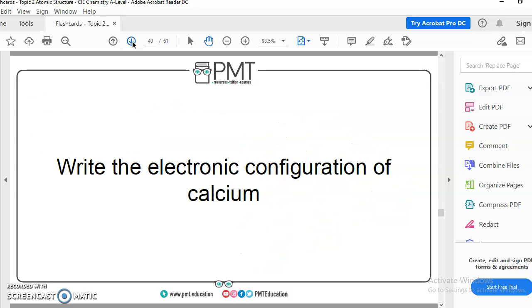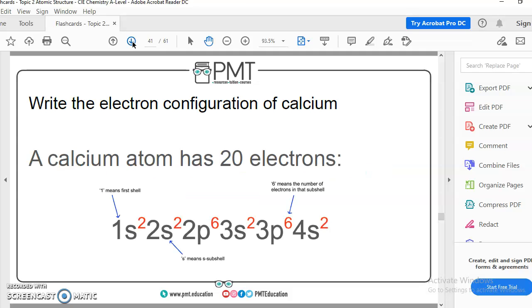Let's write the electronic configuration of calcium. Calcium's atomic number is 20. In the first shell, its subshell is 1s and it holds 2 electrons, so 1s2.